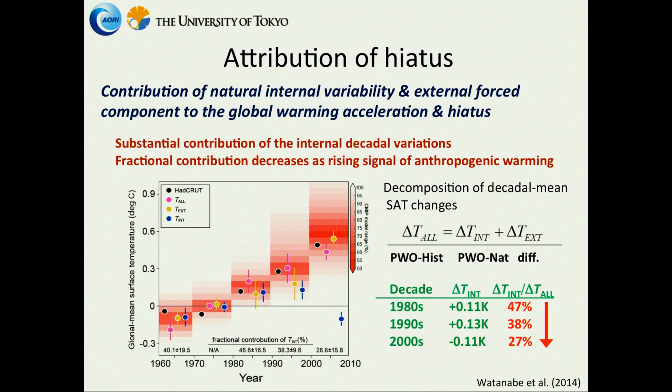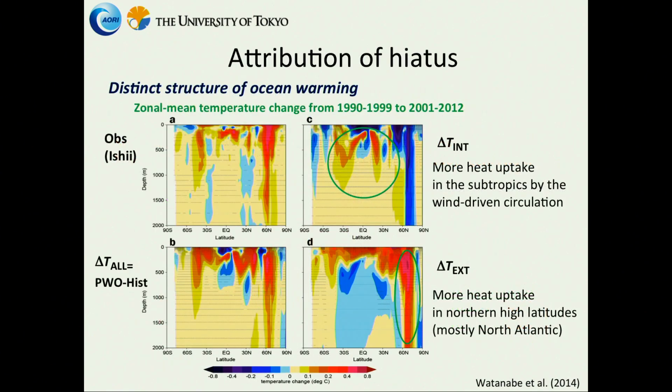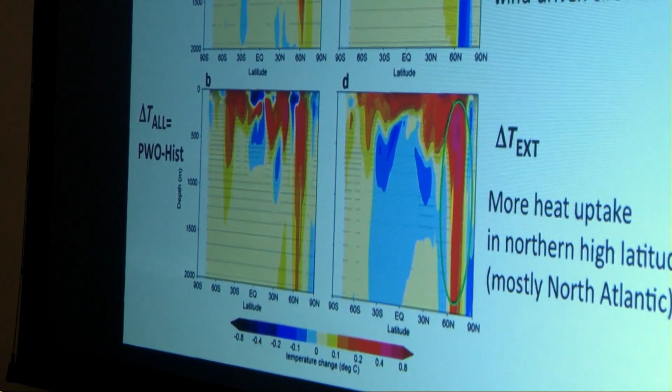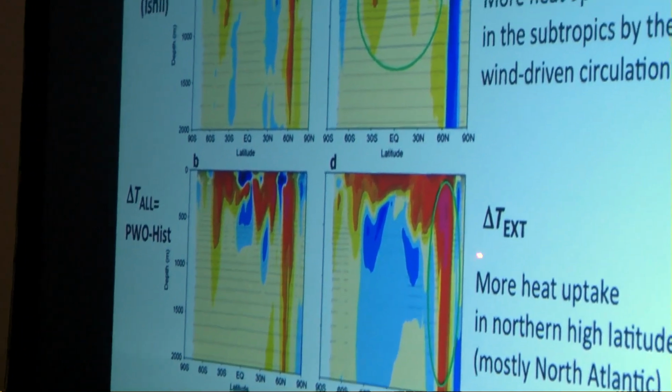By the way, this is the ocean signal for the hiatus period. This is a depth and latitude section. This is observation, and this is the result of simulation, which has some similarity. And then this is a decomposition into the natural part and an anthropogenic part.